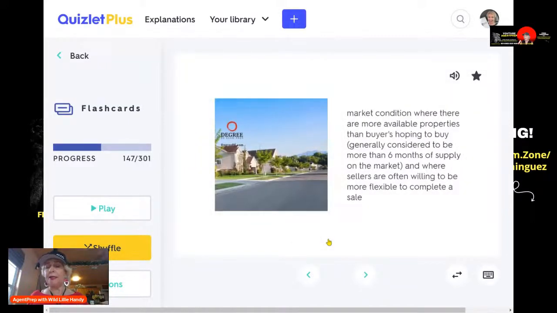A buyer's market is when there are lots of homes on the market, okay? There's an abundance of homes. They have many homes to choose from. Then it becomes a buyer's market. Sellers have lots of competition, so they have to give, okay? Where buyers can be more selective. That is a buyer's market.